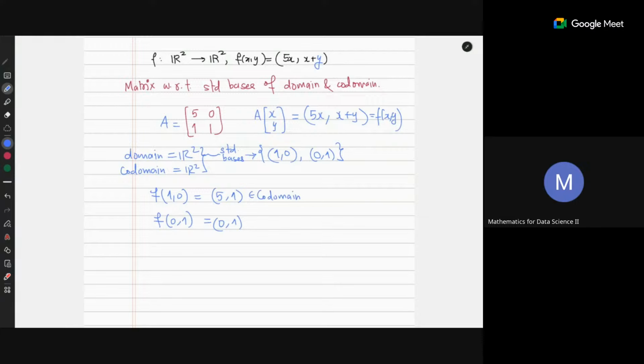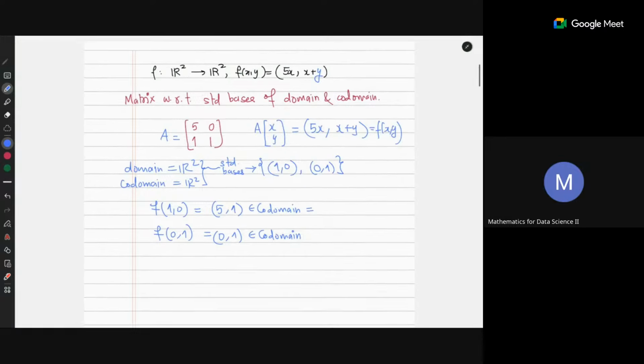Because 1, 0 and 0, 1 are also basis of codomain, you can express any vector in codomain in terms of your basis, right? We know that. So now let's express 5, 1 and 0, 1 in terms of basis.